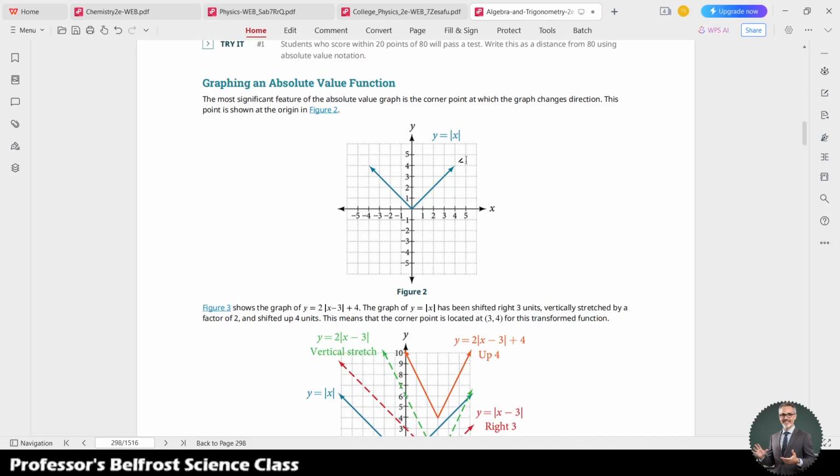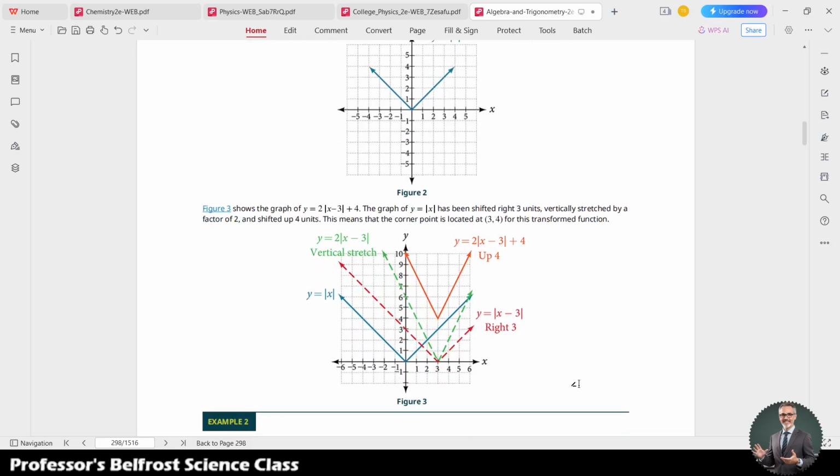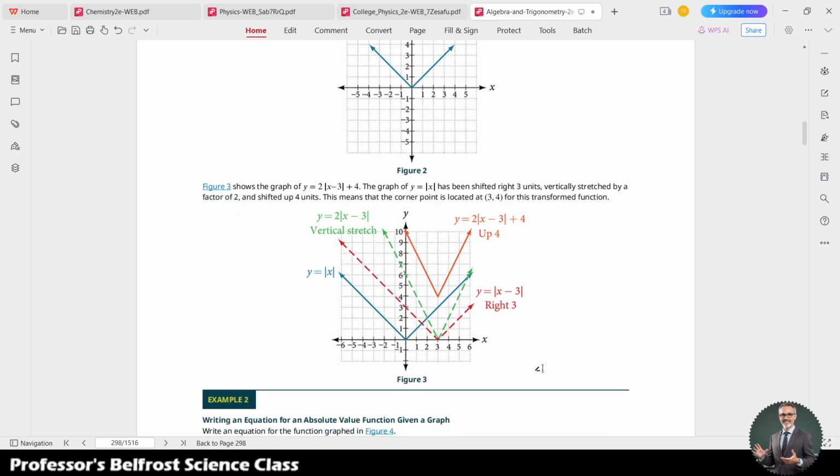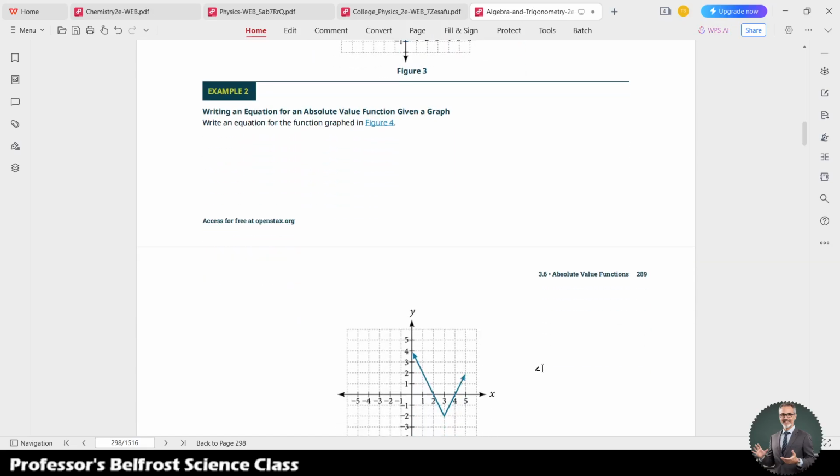So if we are to graph this function, it means that first we right shift it with 3 units, like this. Then we stretch it 2 times, and then we uplift it 4 units, right? Yeah, that's easy.